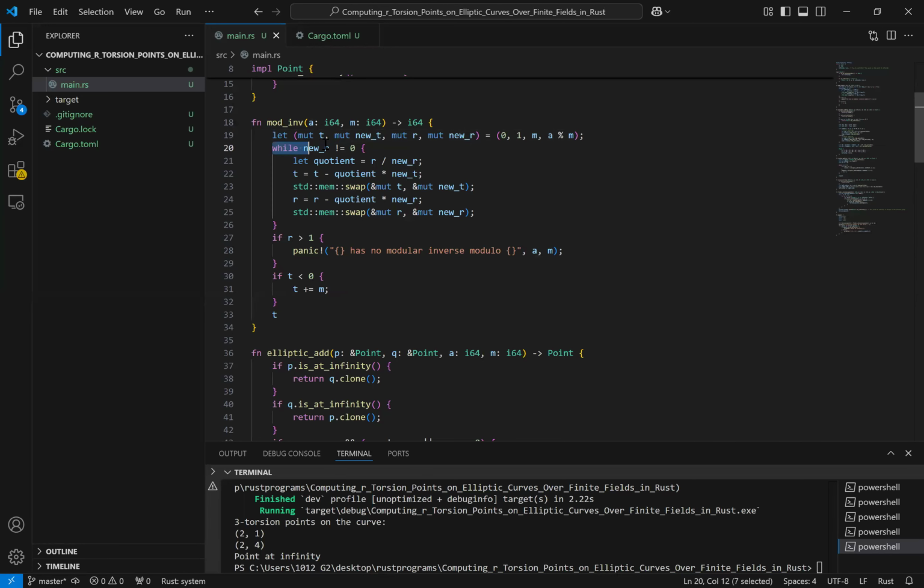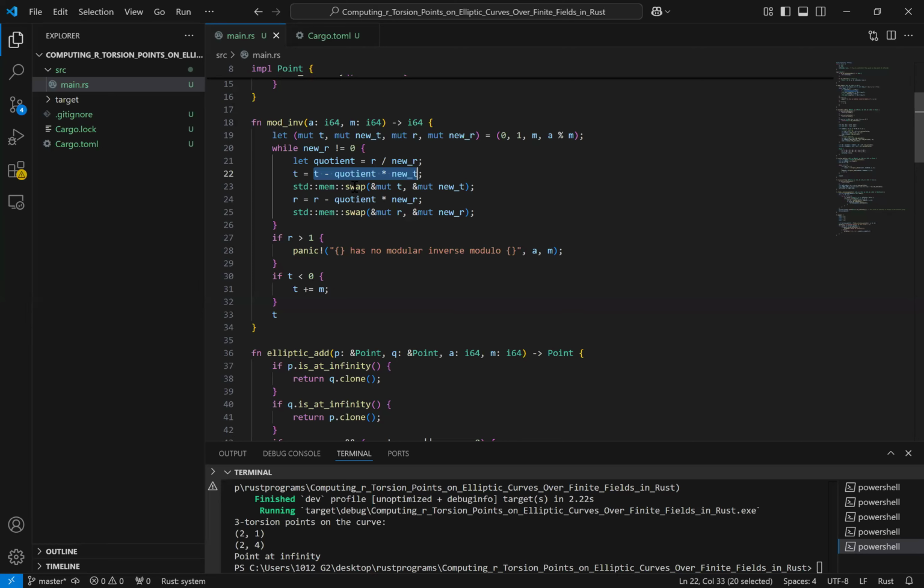Then, while r is not equal to 0, you enter the loop. Inside the loop, you let the quotient be r divided by new r. Then t becomes t minus the quotient multiplied by new t.